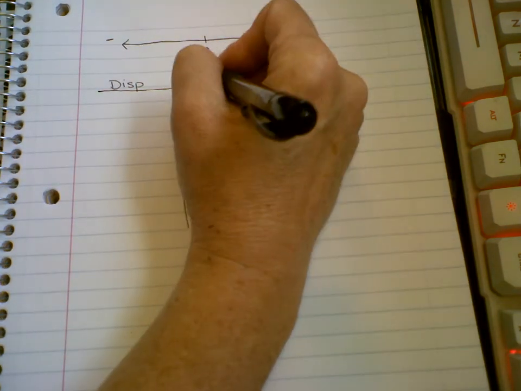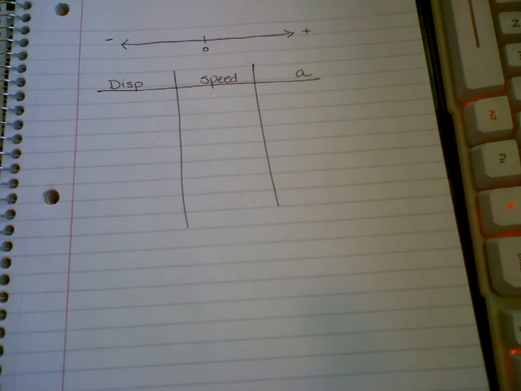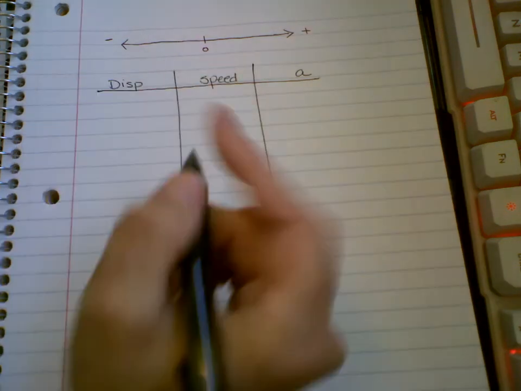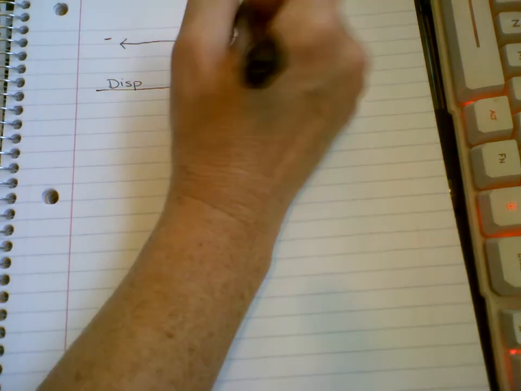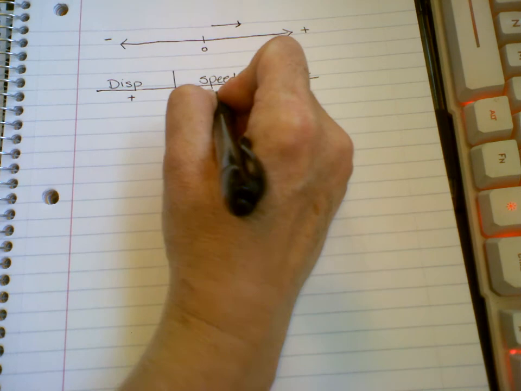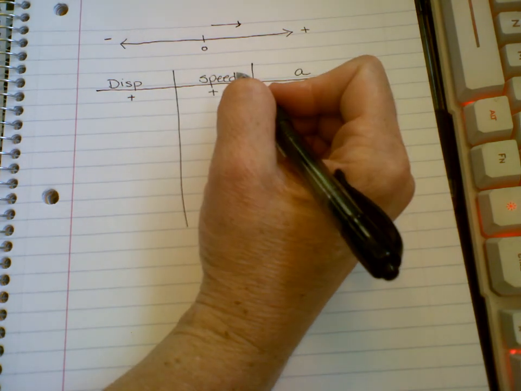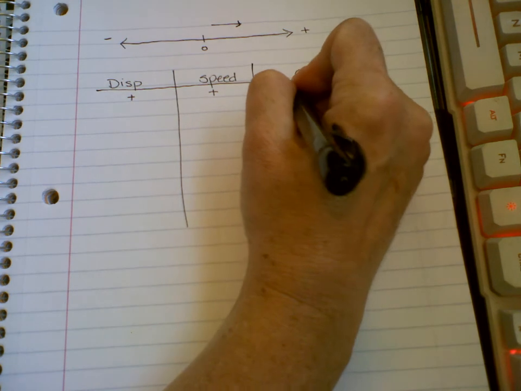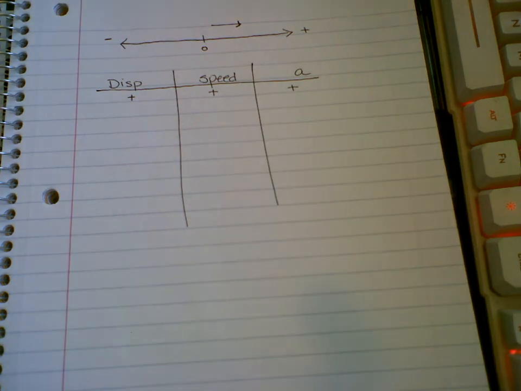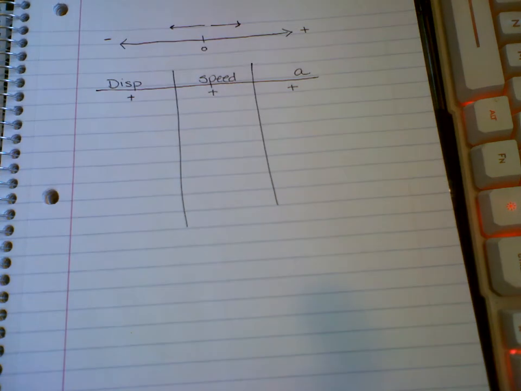So if I'm moving towards the positive end, if my displacement is positive, and I'm speeding up, speeding up with positive gives us a positive acceleration. Okay.